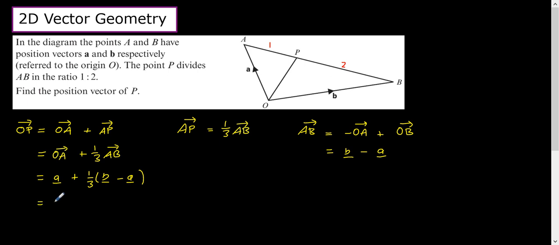Then we just expand and collect like terms. So we have 2/3 a plus 1/3 b. That's pretty much a standard GCSE level problem, and I'm hoping that won't cause you too many problems.